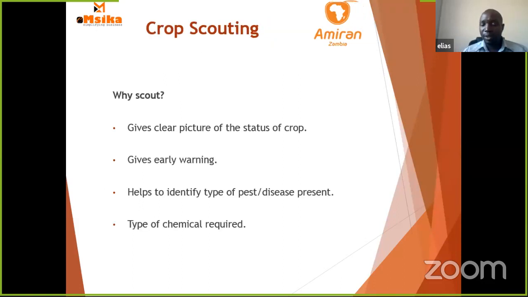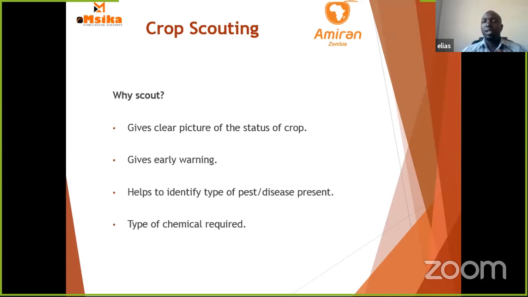So one most important activity that one is supposed to carry out on a daily basis at the farm is what we call scouting. Scouting is basically going into the field to check on the status of the crop, to check on what is prevailing in the field.